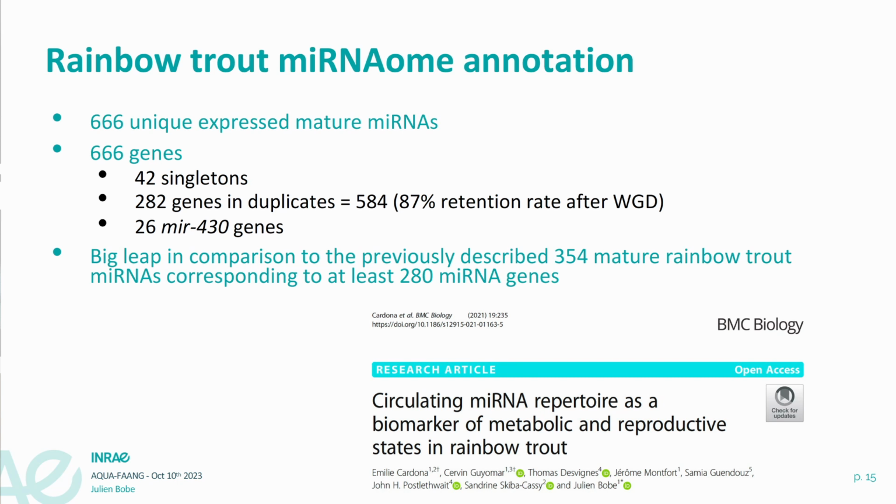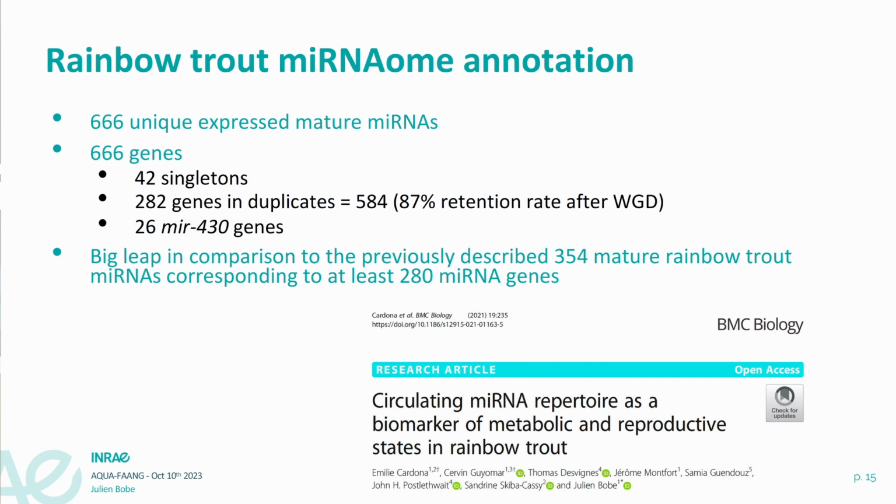The homologs after duplication, because it's a short sequence, two homolog genes can give exactly the same mature microRNA, right? The sequence is the same, and you don't know from which homolog it's coming. Anyway, so don't look too much at this number. It shouldn't be the same, but it's the same.